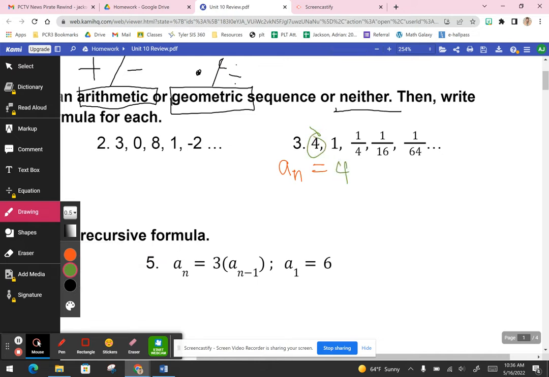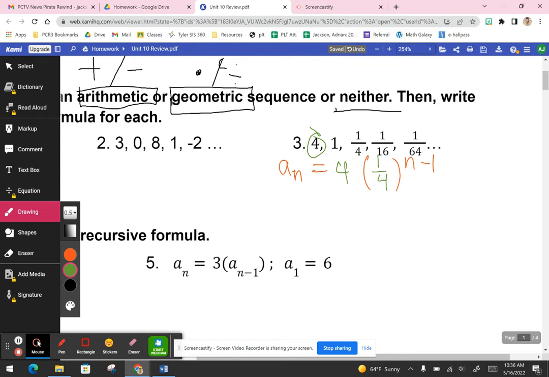So I'm going to put 4 here. And then in parentheses, I'm going to put my R to the n minus 1. And my R is whatever I'm multiplying by each time. So to get from 4 to 1, 1 to 1/4, I am multiplying by 1/4. So I'm going to put 1/4 here. And that is it for that formula.